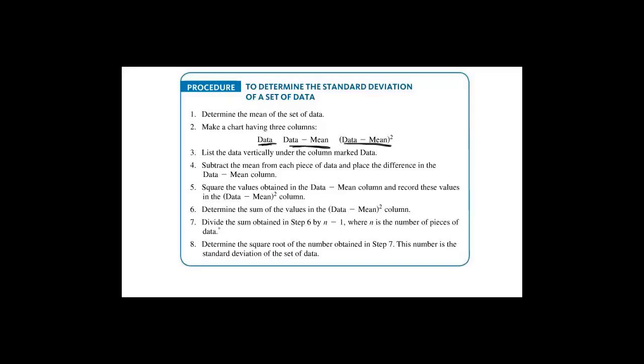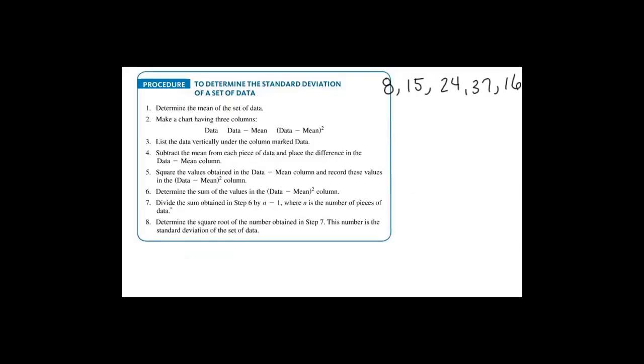So let's look at a set of data. Let's look at the data set 8, 15, 24, 37, and 16. First we want to determine the mean of the set of data.